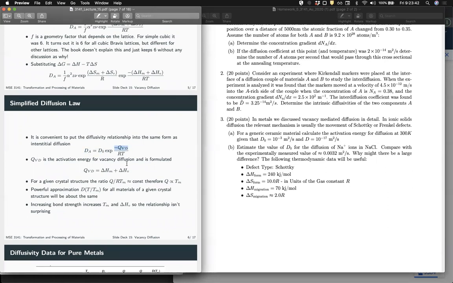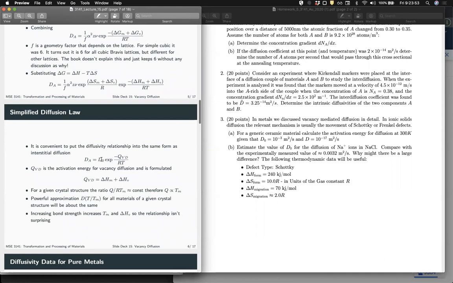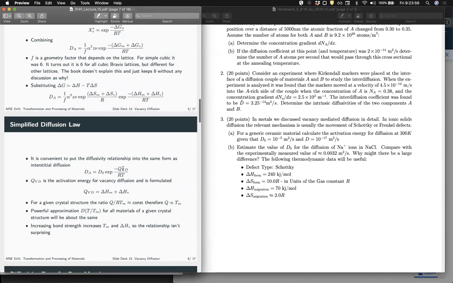All right. Part B is just a tiny little bit more complicated. I ask you to estimate the value for D naught, right? So if we look here, Q is this part here, right? And that just comes from our enthalpy terms, which I give you. And then D naught is all this stuff out front, right?